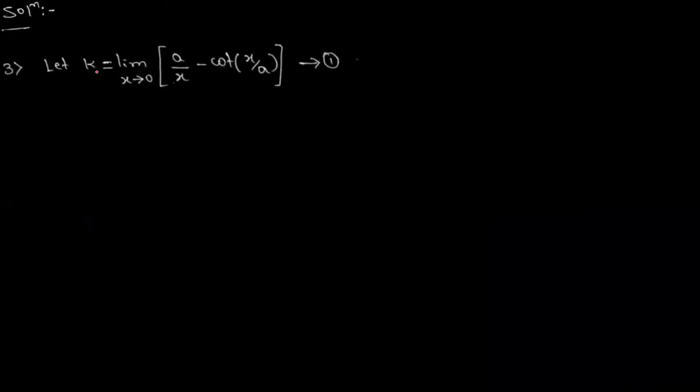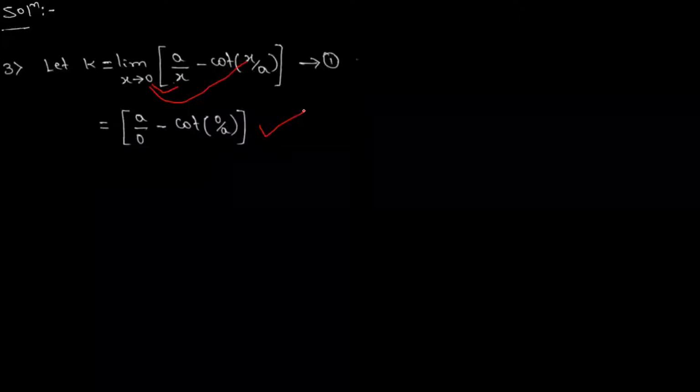First step is to consider the limit as k. Let us call the limit as k and check which indeterminate form it will take. For that, we'll put the limit as x is tending to 0 wherever x is there. We all know any finite quantity divided by 0, that is a divided by 0, is infinity.